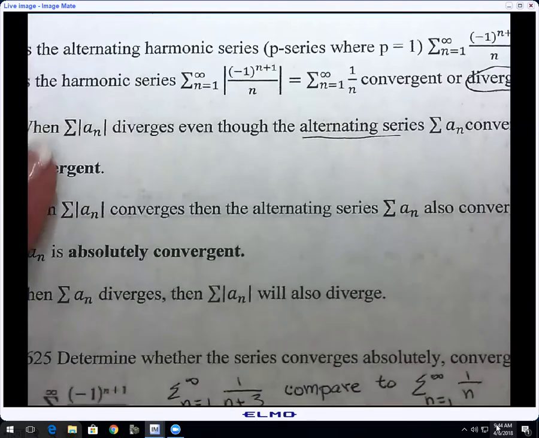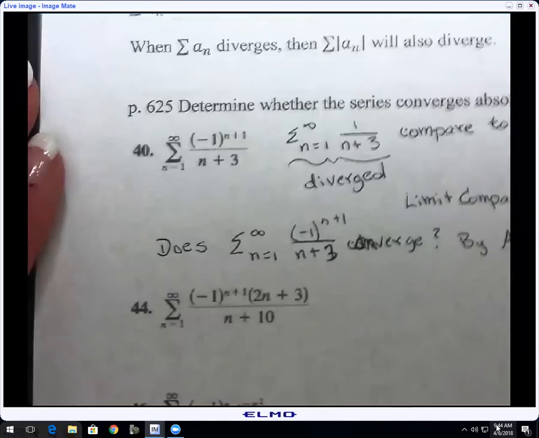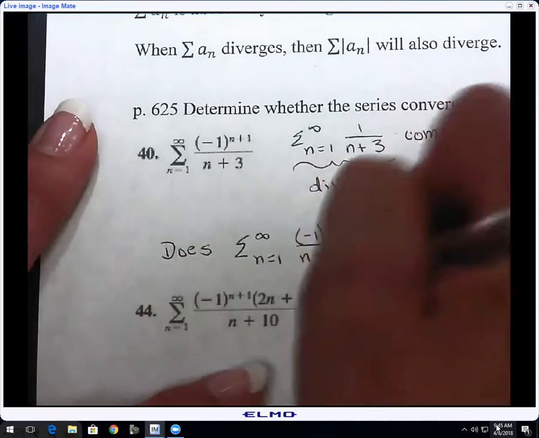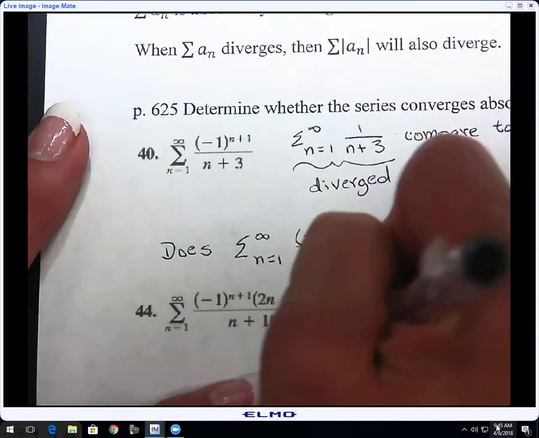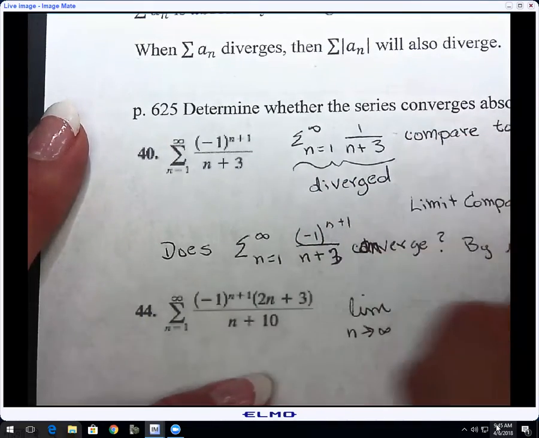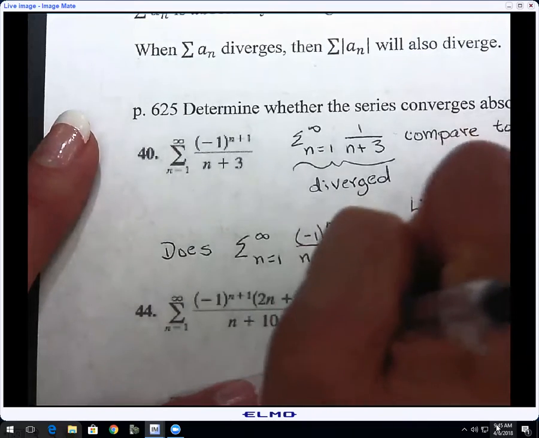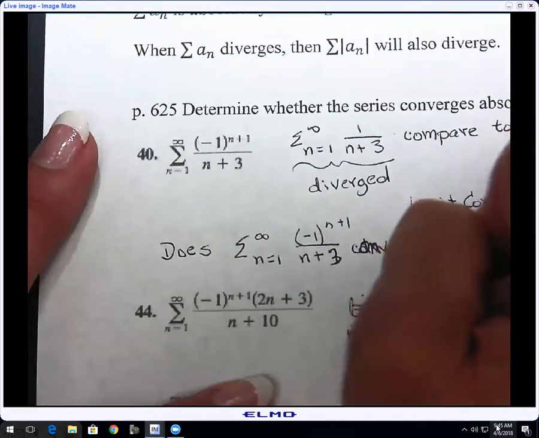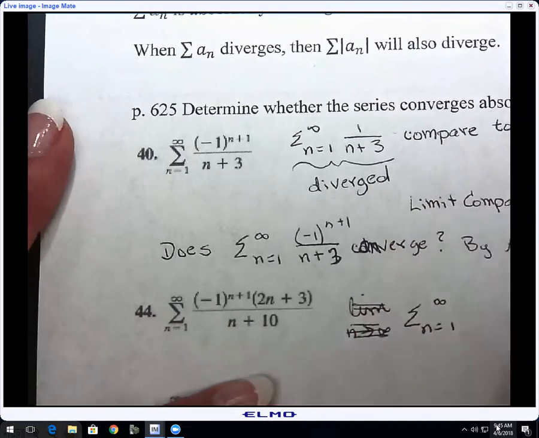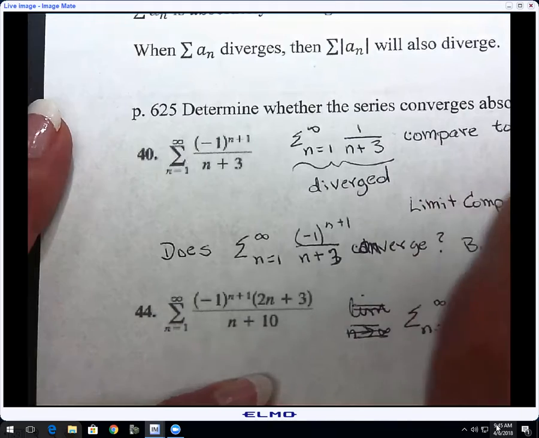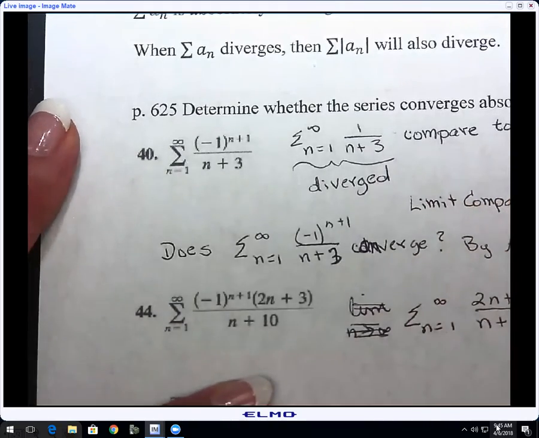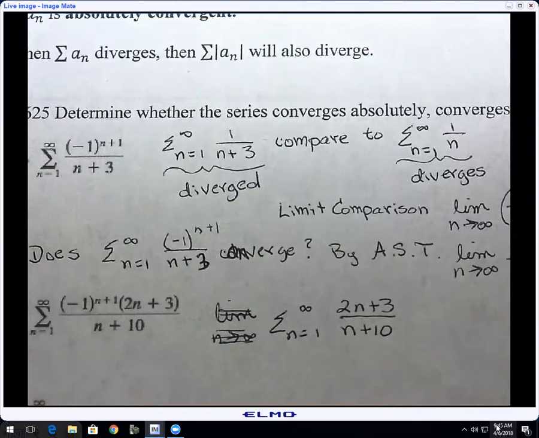So what happens on number 44 with the absolute value series? I want to look at the series n equals 1 to infinity of 2n plus 3 over n plus 10. That's the absolute value series. What can you tell me about that series? It fails the nth term test.